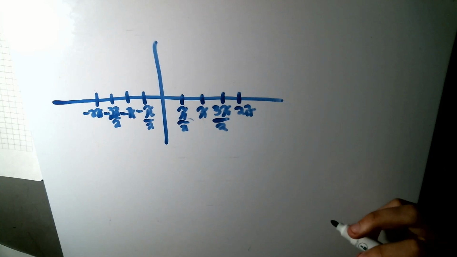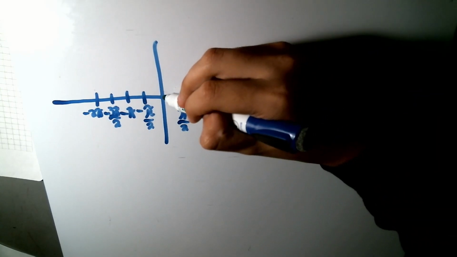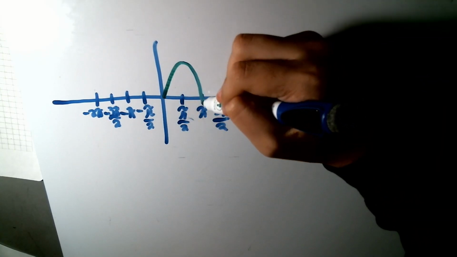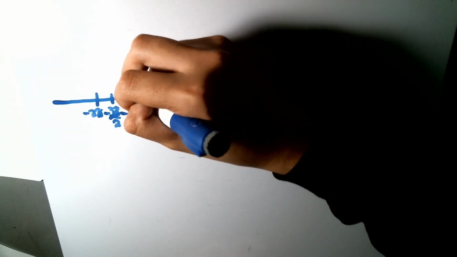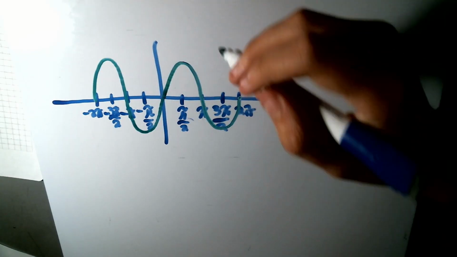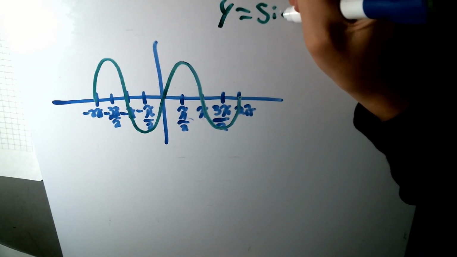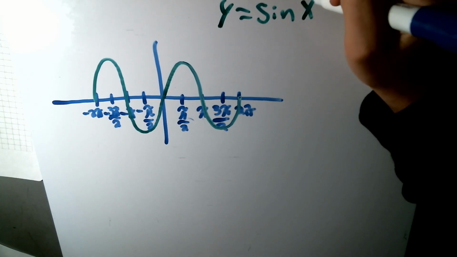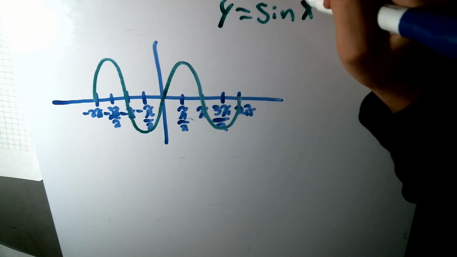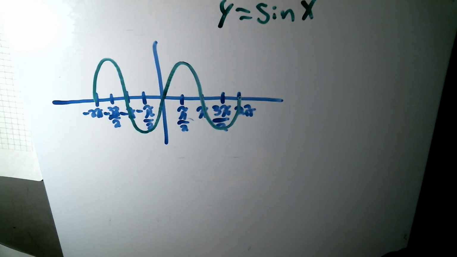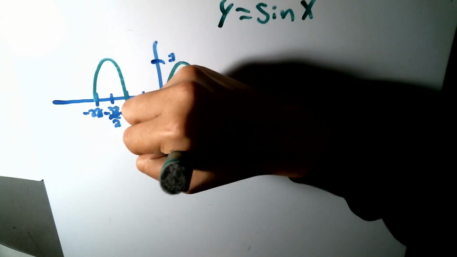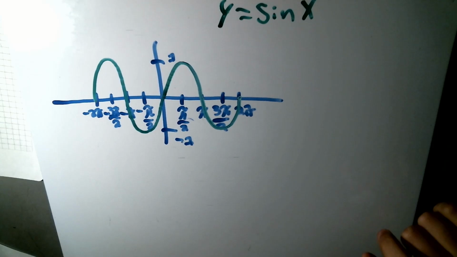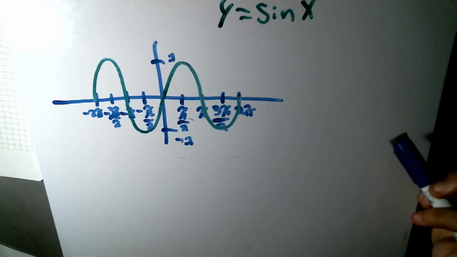This is a normal sine. It goes up and down, and that's it: y equals sine of x. I forgot something. This is 1, and of course this is minus 1. That's the y equals sine of x function.